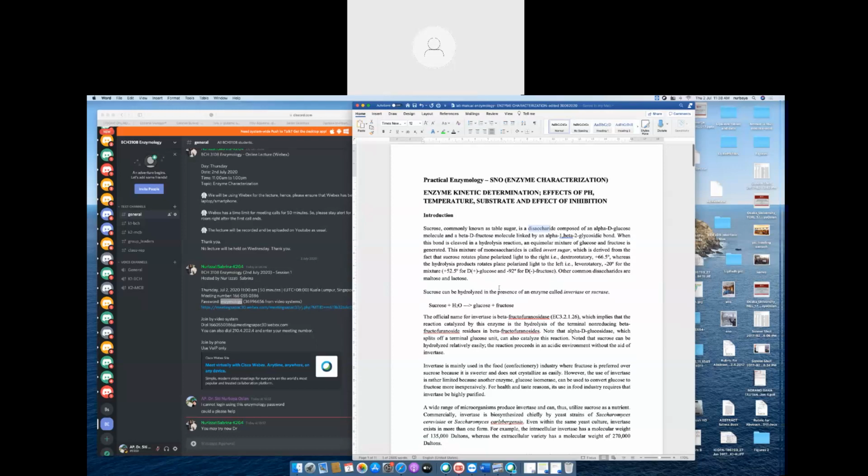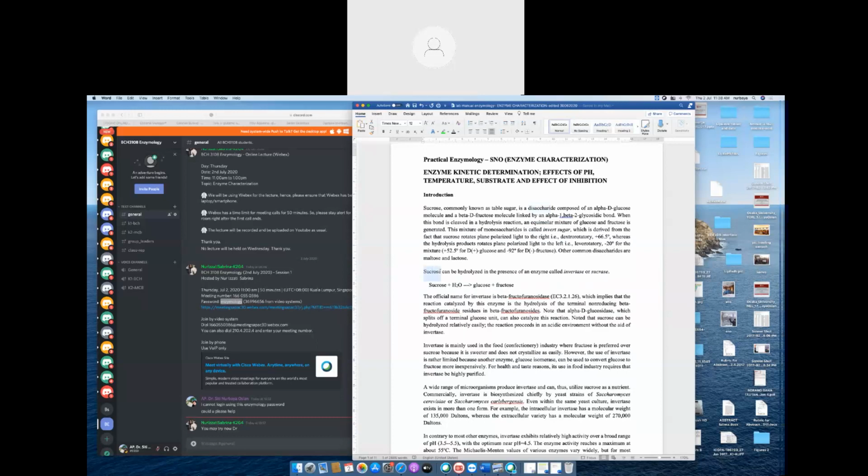If we hydrolyze sucrose with an enzyme called invertase or sucrase, you will get a molecule of glucose and fructose, because sucrose is made up of glucose and fructose. Why do we need water here? Because it involves hydrolysis, where we need the presence of a water molecule.